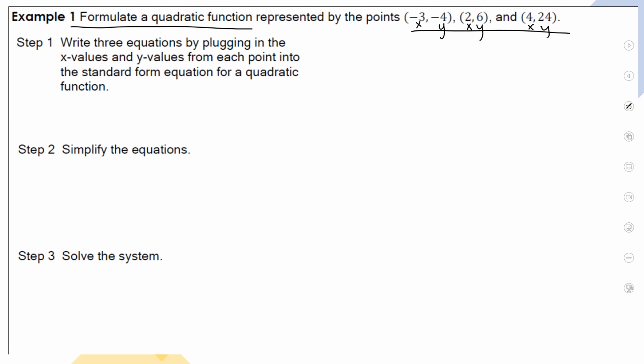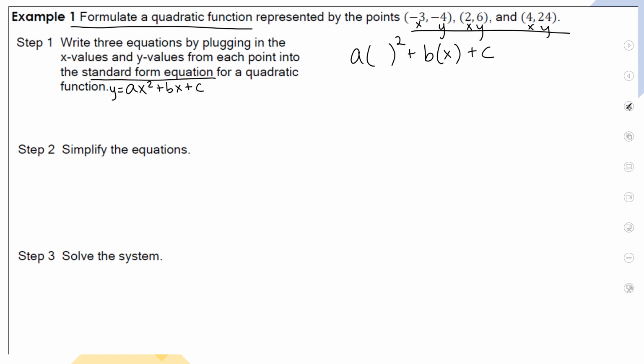We're going to plug these points into the standard form equation. And if you forgot, the standard form equation looks like this: ax squared plus bx plus c. And we're going to put little y equals in the front. Okay, so how we're going to do this is my standard form is ax squared plus bx plus c.